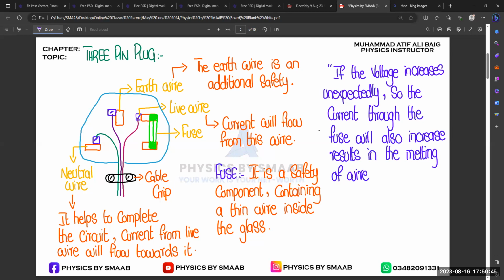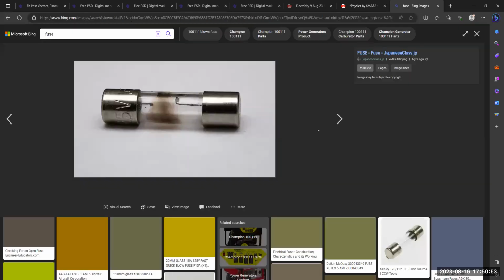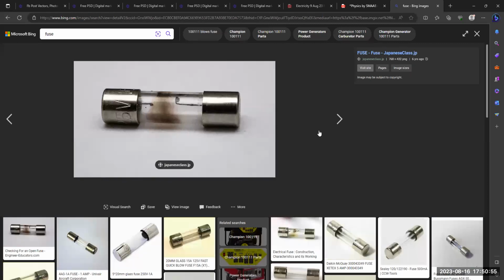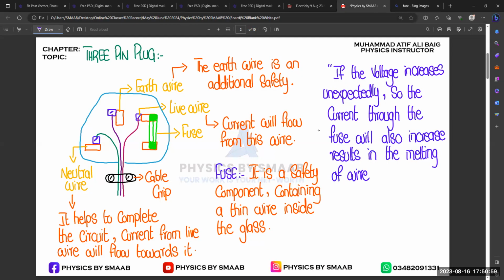So both earth wire and the fuse protect from short circuit. Only that thin wire connected inside the fuse, right? That thin wire. So we are only talking about this thin wire, not earth wire, the wire inside the fuse.